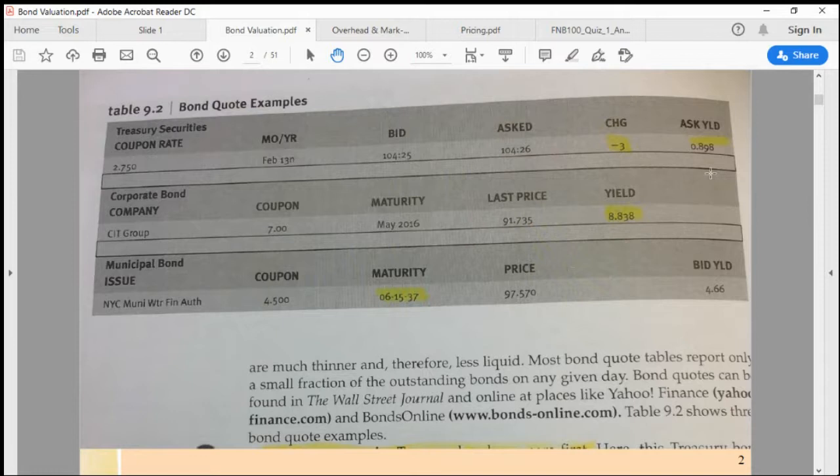The only way zero coupons can sell is by selling at deep discount, right? $1,000 face value, but when it sells, it will have to sell for about $500, $600, $700 at discount, because it pays no interest.